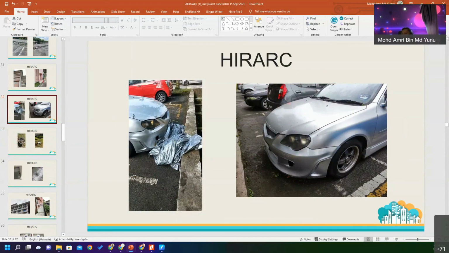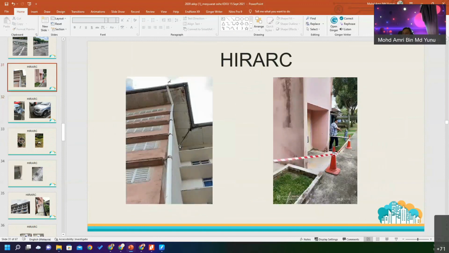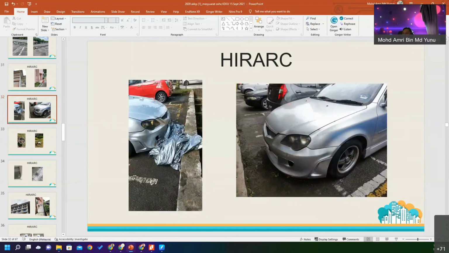See here, it rolled over on the front of the car, and what happened? There is stagnant water. When there is stagnant water, there is dengue. So what we do, we remove the cover and notify the user, so that is administrative control.